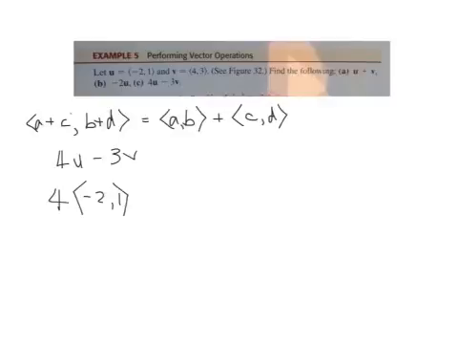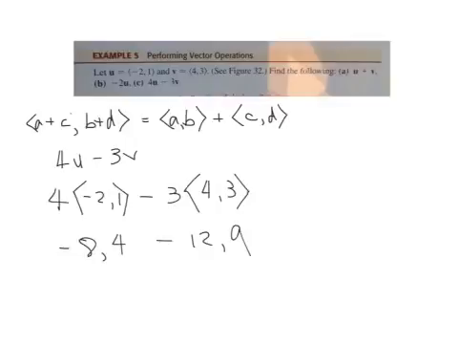And then we are going to subtract 3 times, let's see, what is v, 4, 3. Okay, so we get -8, 4, 12, 9. And we'll put those in our little Sharpie parentheses, whatever you want to call those.